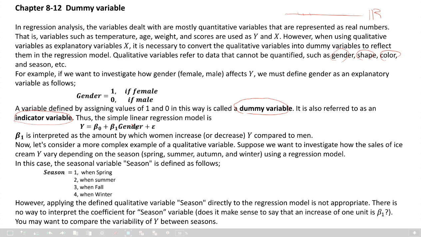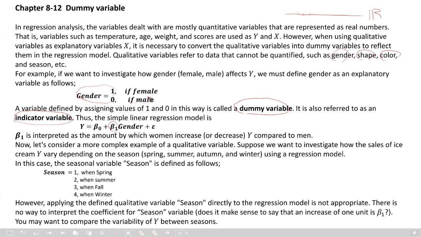Thus, the simple linear regression model is y equal to beta 0 plus beta 1 gender, this variable, plus epsilon. Beta 1 is interpreted as the amount by which y increases or decreases, depending on the sign of beta 1, for a woman compared to a man.